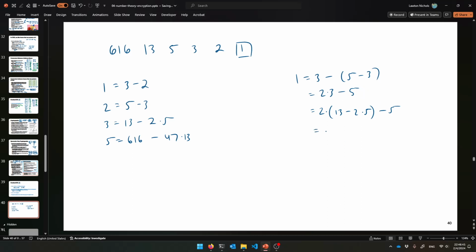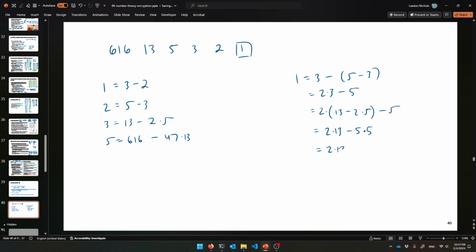And then, how many 13s and 5s now? We've got 2 13s. And then how many 5s? We've got minus 4 5s, and then minus another 5, so minus 5 5s. So there's that. And then finally, let's propagate one more time. What is 5 but that?